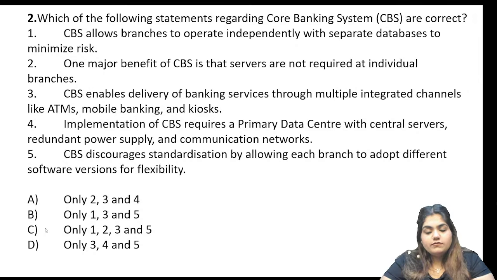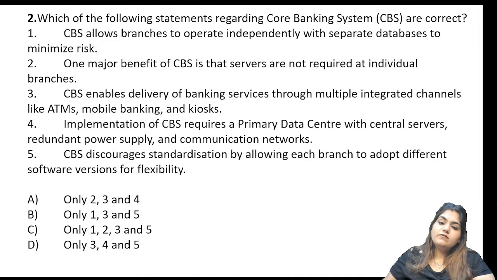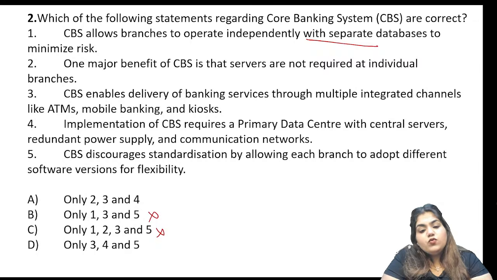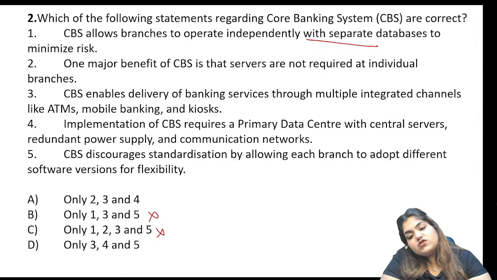Next question. Which of the following statements regarding the CBS are correct? CBS centralizes all branches operations and maintains a single centralized database, not a separate one. Statement number 1 is incorrect. The moment 1 gets incorrect, we eliminate B and C. Statement number 2 is correct. CBS does not require individual servers at each branch, which is a benefit in terms of cost and maintenance.